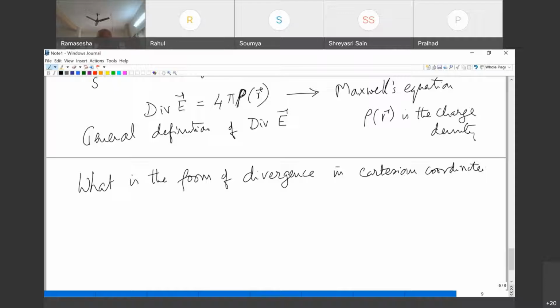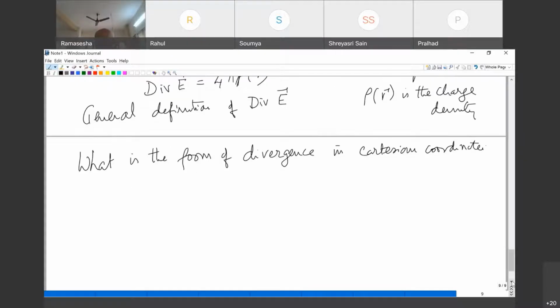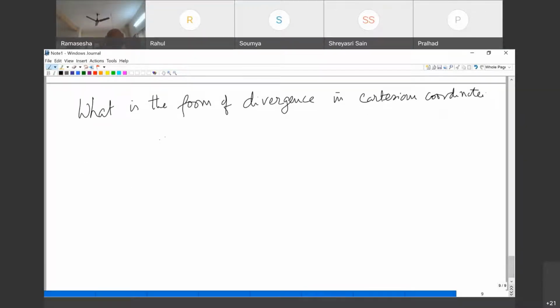In order to get that, we will consider the Cartesian coordinate system, X, Y, and Z. And in this, I will define a volume element, a cubic volume element.